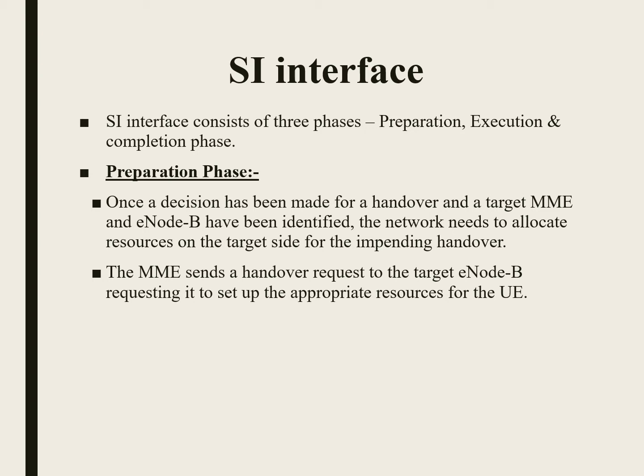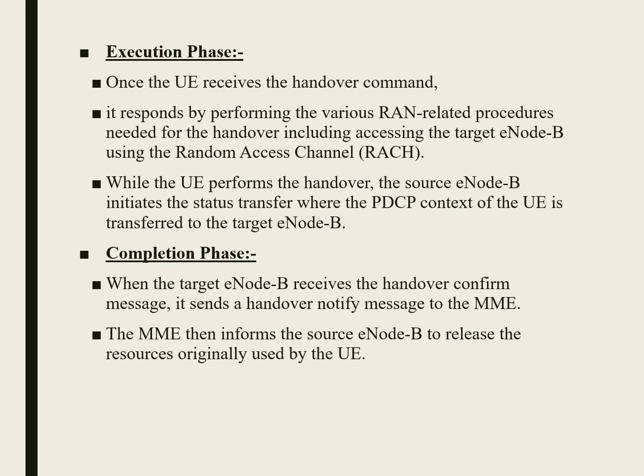for the user equipment. In the execution phase, once the user equipment receives the handover command, it responds by performing various RAN related procedures needed for handover of the signals, including accessing the target eNode B using RACH, that is the random access channel.